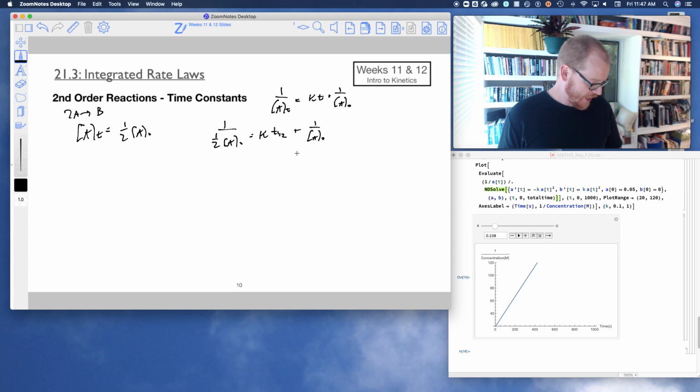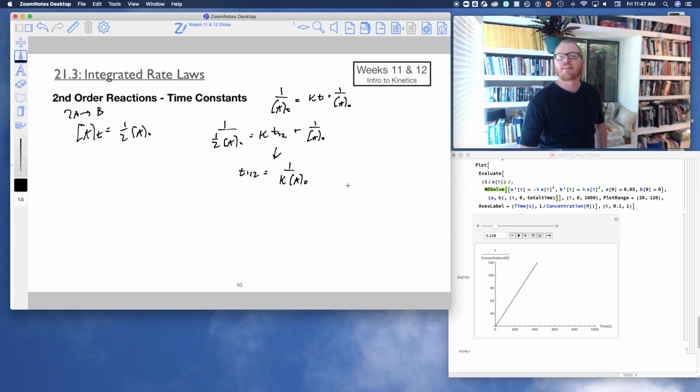Then rearranging and doing some algebra, I'm going to skip through that. But what I end up getting, solving for t 1/2, is t 1/2 equals 1 over k times the concentration of A. And this is how we can also work out the units of k for a second order reaction. For example, suppose I'm doing time in seconds.